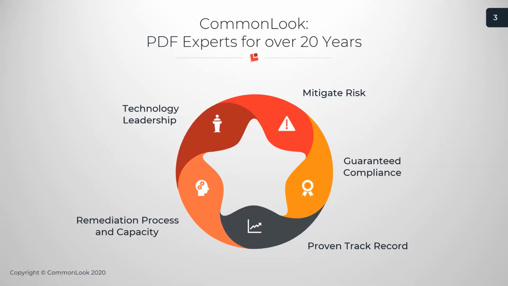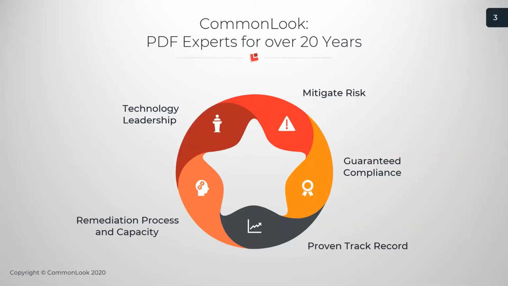And before we get into that, I'd just like to take a couple of minutes to talk a little bit about who CommonLook is and what we do. So who and what is CommonLook? Well, we're all about making the world a better place through digital document accessibility and innovation. We are thought and technology leaders in the field of accessible PDF solutions and services. We have more than 20 years of experience making PDFs accessible to people with disability.